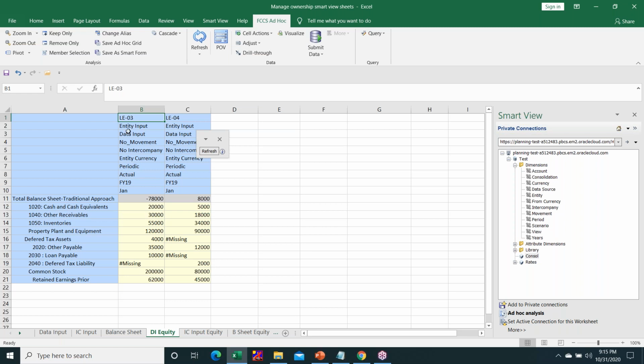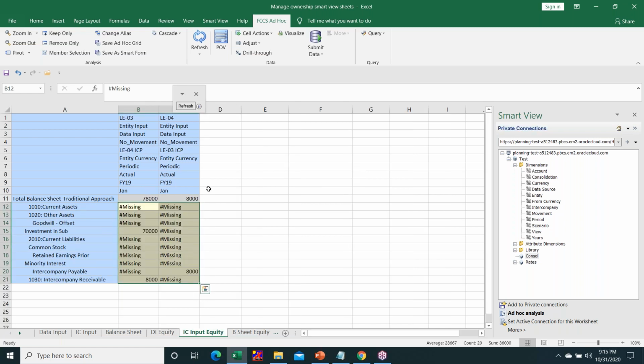See, I have taken the same set of numbers, but this time I am entering them for my legal entity 03 and my legal entity 04. The similar numbers I have entered for legal entity 03 and legal entity 04, and the same case here also, the difference of the same amount is coming, and the same amount I have entered.